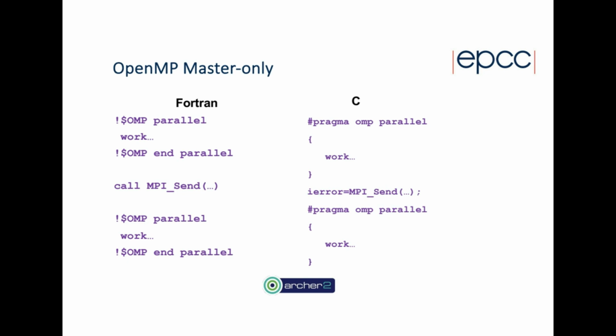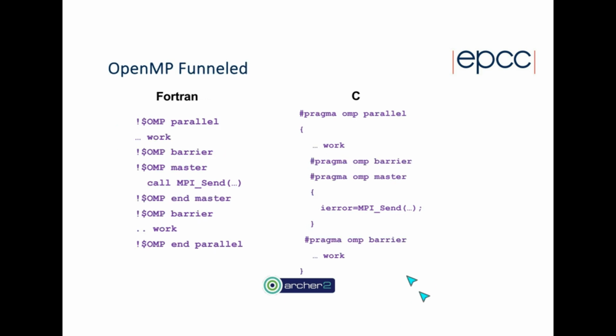Okay, so here's the sketch of the different styles. Master only would be where you have parallel regions where you just do computation and all the MPI calls happen outside of parallel regions on the master thread. Funneled would look something like this.